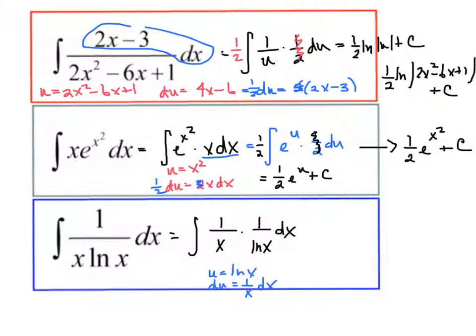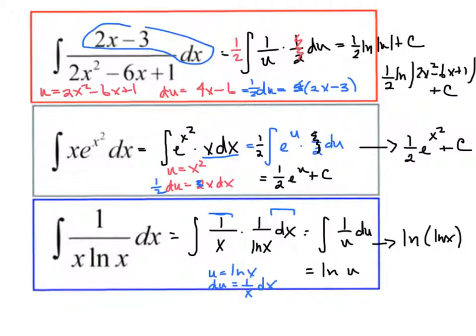So again, I can replace this entire 1 over x dx with just a du. So this becomes the integral of 1 over u du, which is the natural log of u. Well, u is natural log of x, so it becomes the natural log of the natural log of x plus c. It's not natural log squared. It's not a multiplication. It's a composition.